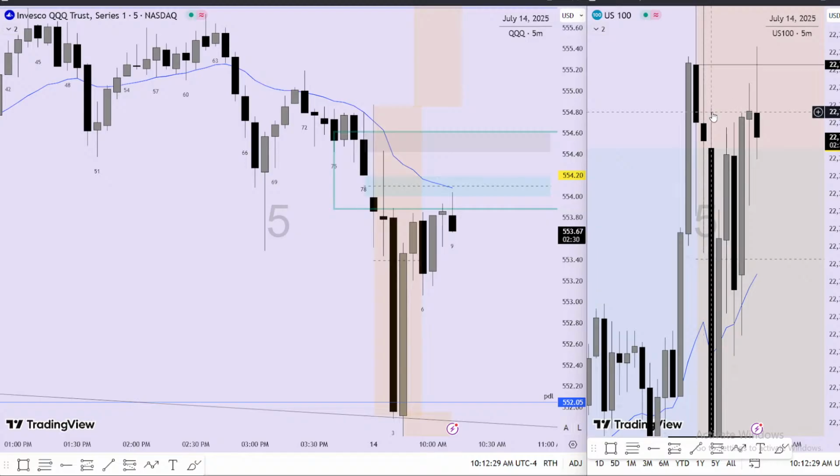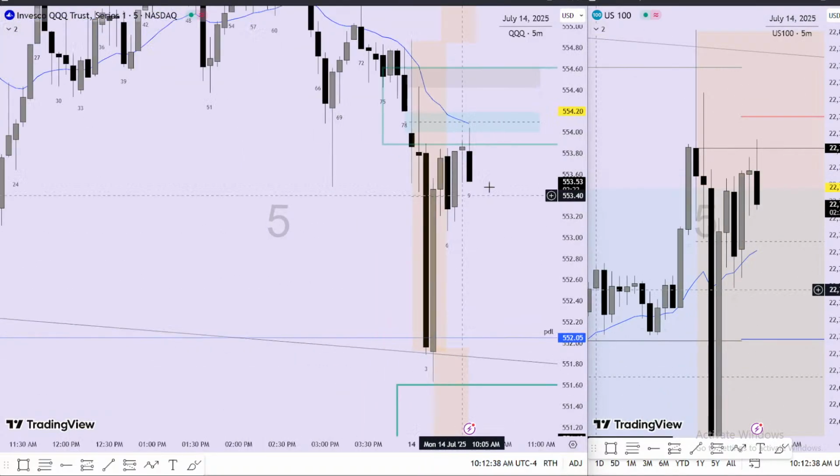We're getting a close above the three high. No, we retested the open of the day. Now we are falling back down.